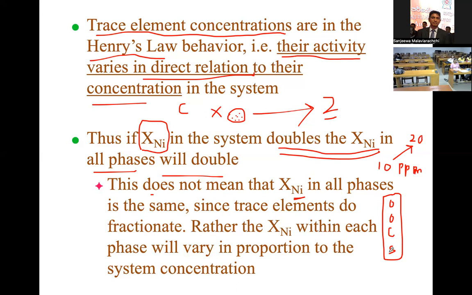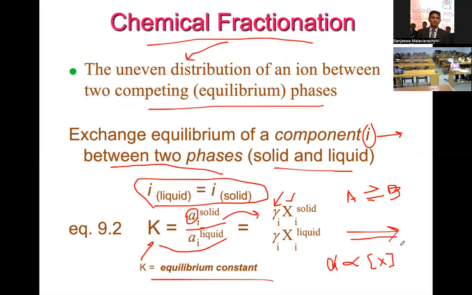No, because olivine can take some amount of nickel, OPX can take another amount, pyroxene another amount. Because you just learned about chemical fractionation, everything cannot go into equal amounts because they are different phases, different solids in this case.